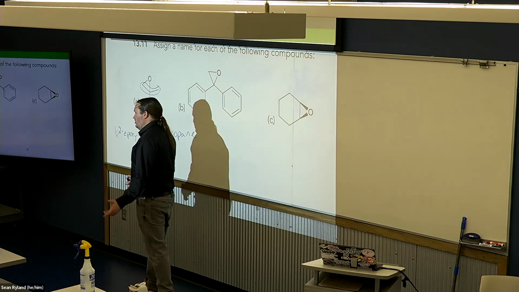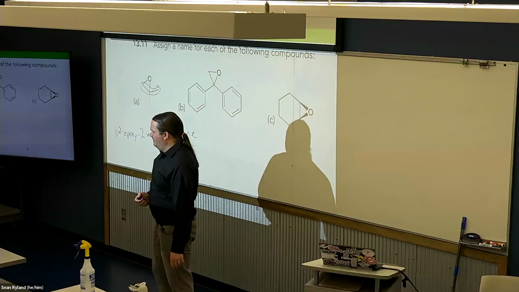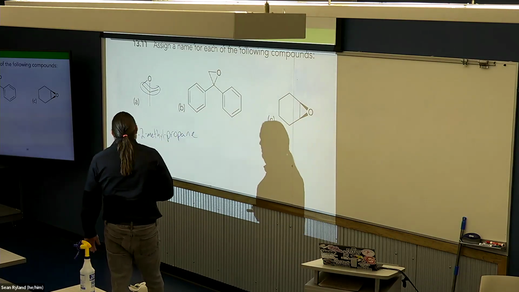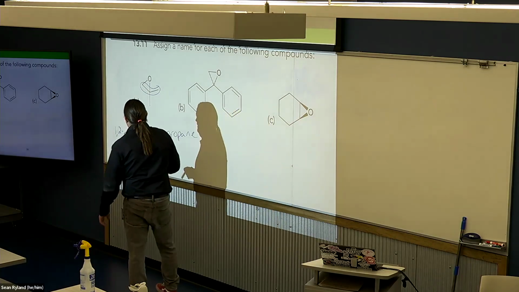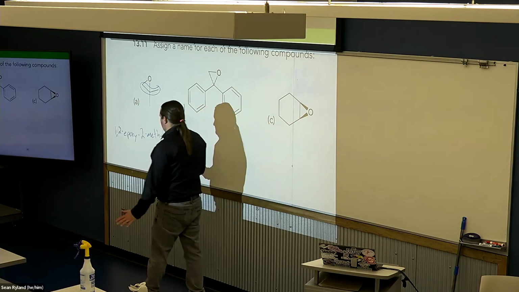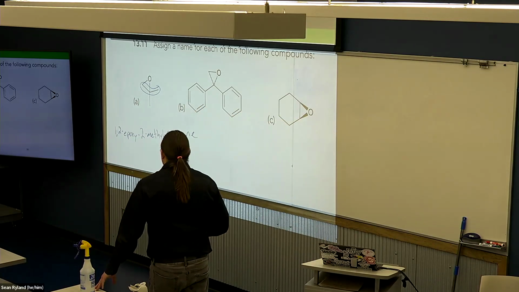But when we start getting more complicated small molecules, it's not a bad idea to write them in. You can't have epoxymethyl propane any other way than this, but we're just covering our bases.